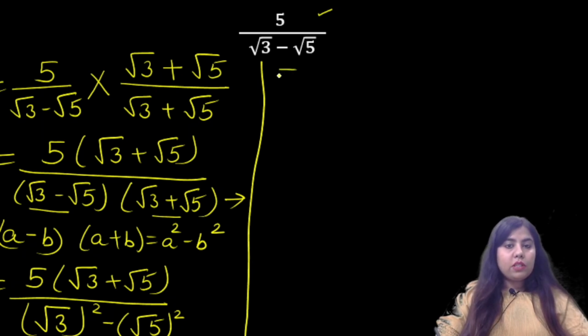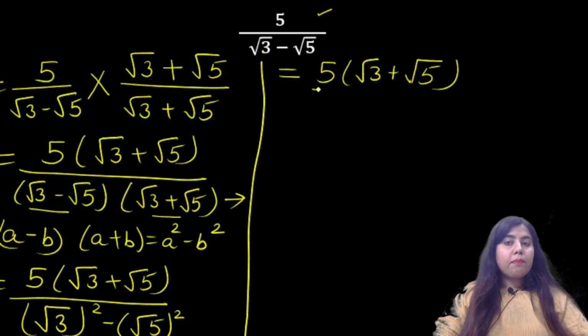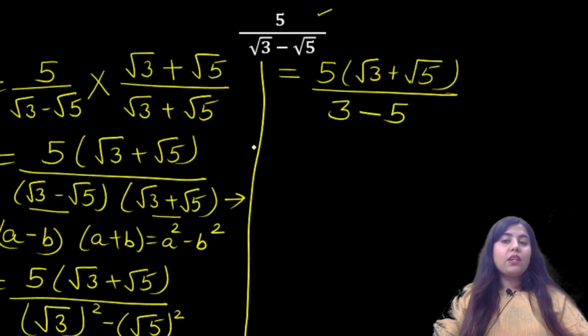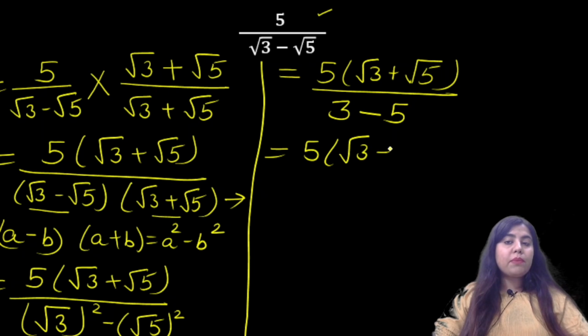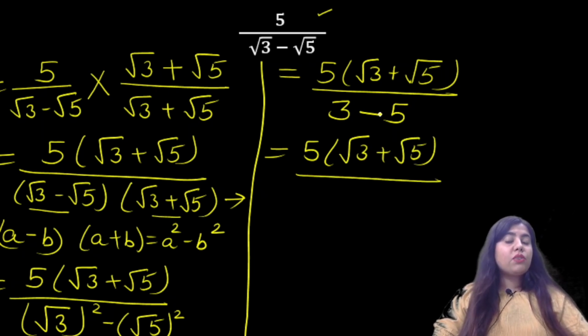Okay, it is equal to, see, the numerator we have to write as it is. It is 5 into root 3 plus root 5 by root 3 square, which is 3, and minus as it is, root 5 square is 5. So it is equal to 5 into root 3 plus root 5 divided by, in the denominator, 3 minus 5 is minus 2.